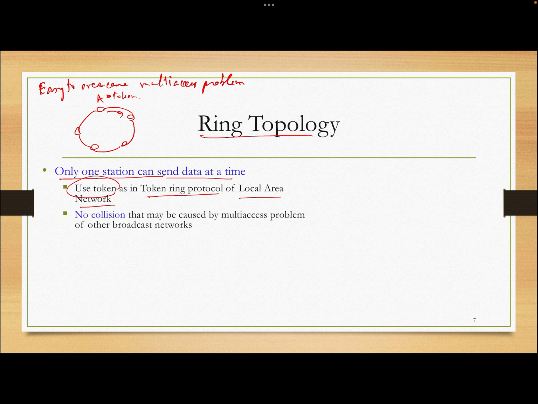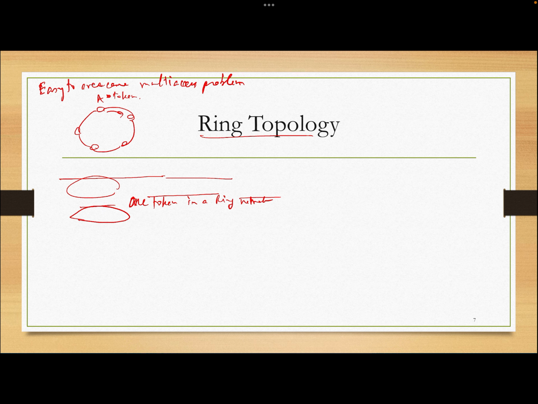If you have only one token in a ring network, there is no collision, because only the one with the special permission, the token, can send.